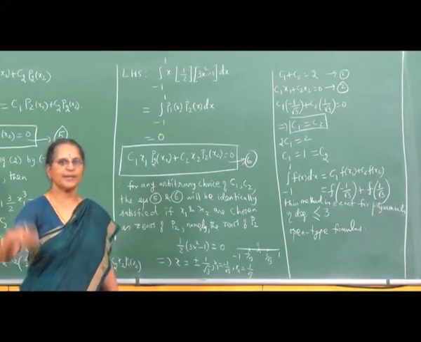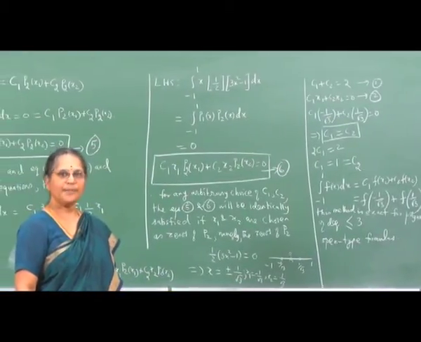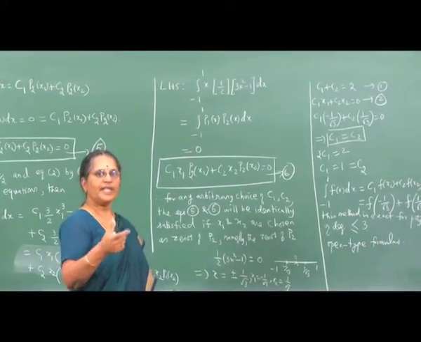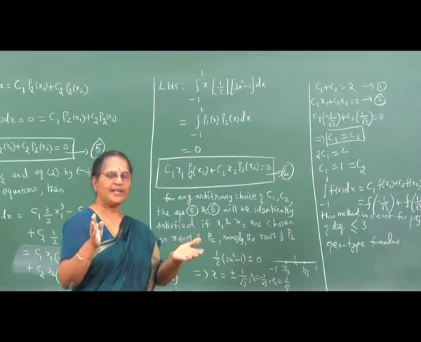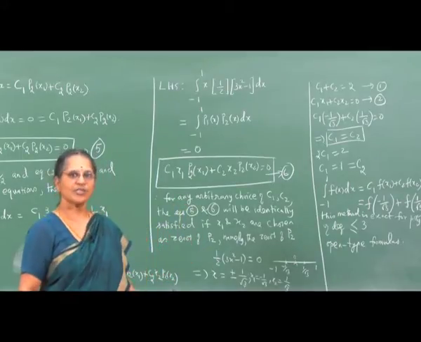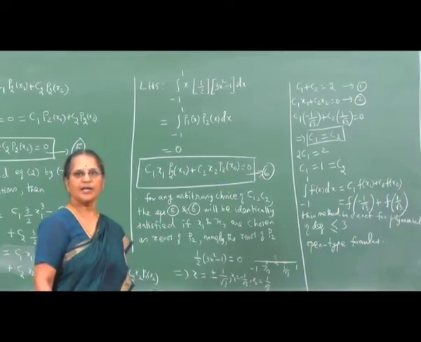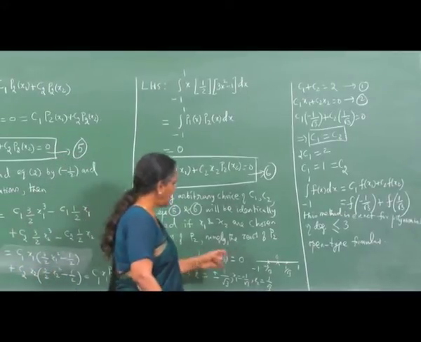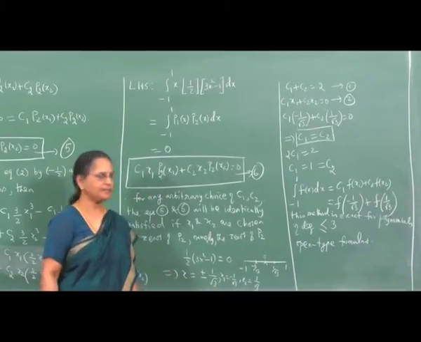The Newton-Cotes methods that we had discussed earlier, for example, the trapezoidal rule, Simpson's rule, they both involved the ordinates or the function values at the end points of the interval. They are referred to as closed type formulas, whereas Gaussian quadrature methods are open type formulas, since they do not involve function evaluation at the end points of the interval.